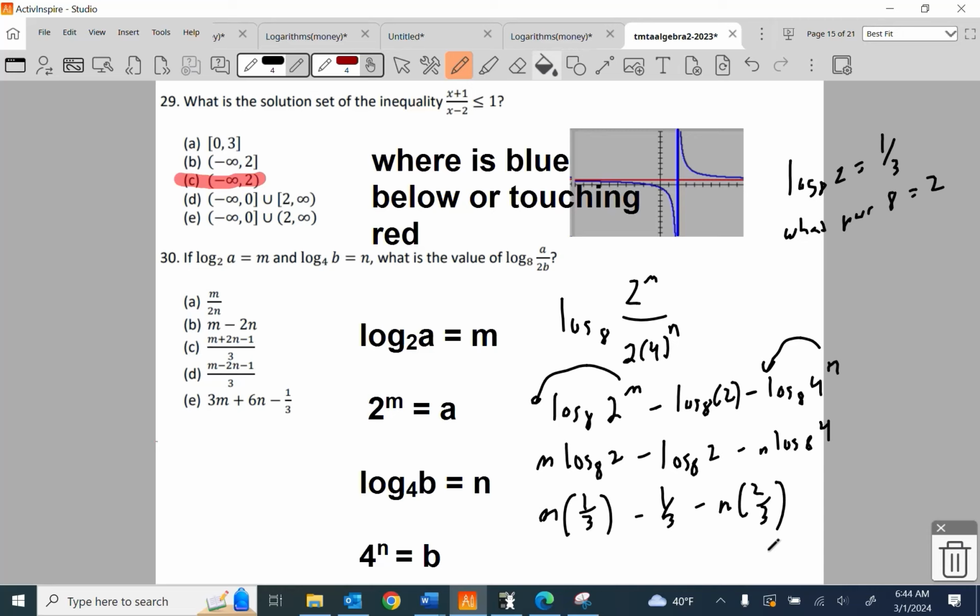What's happened here is a clearing of the fraction. Oh, no, they just put everything over a 3. Look at it like this: m over 3 minus 1 over 3 minus 2n over 3. Maybe you can see it. You just put it all over the same 3, which is how that works.